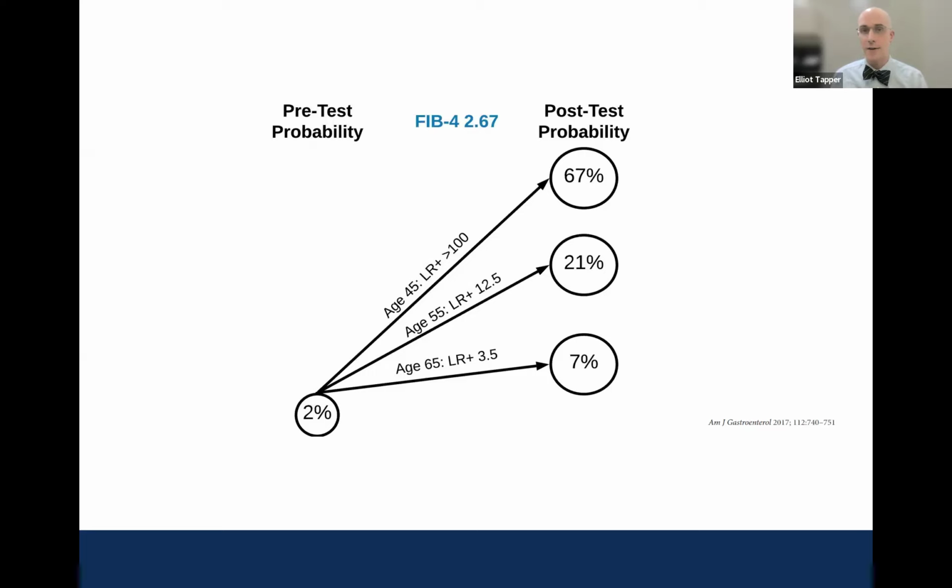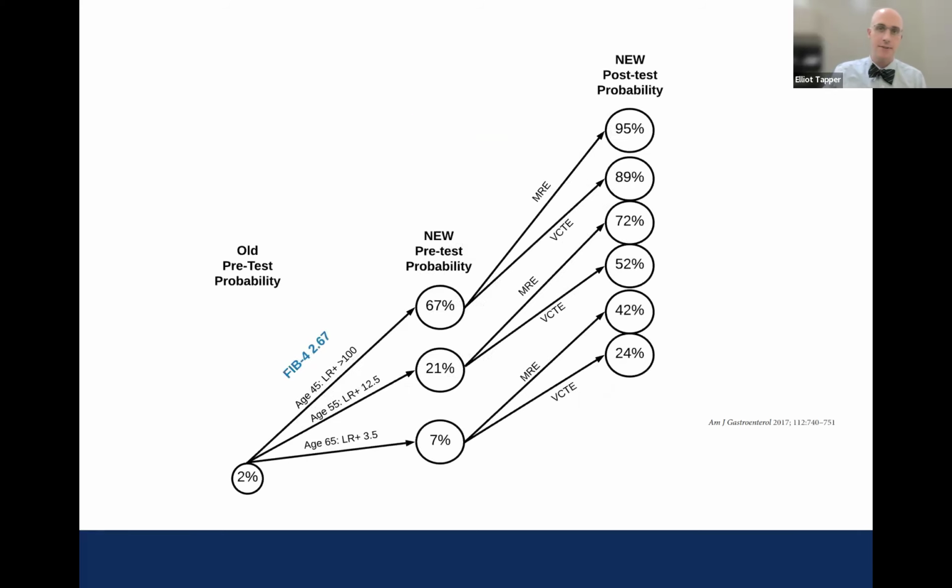So the average 45, 50-year-old person who has a high FIB4, you're already starting at about a 60% post-test probability that this person has advanced fibrosis. But the older they get, the weaker the performance of this test. So you really see how, as you're applying this to an older population, you have to do another test.